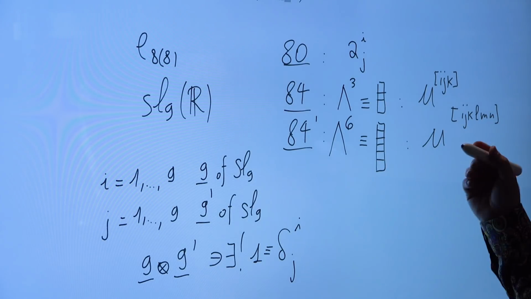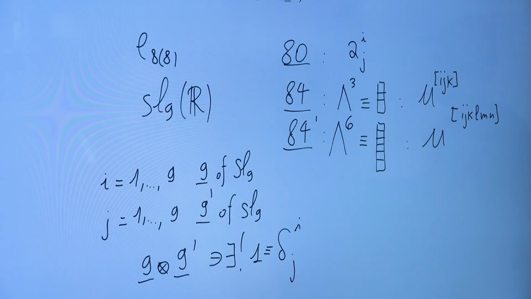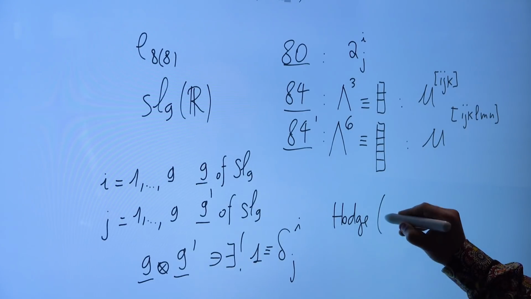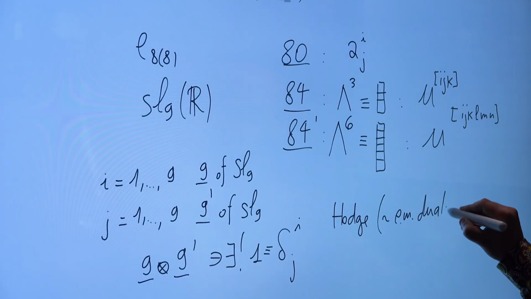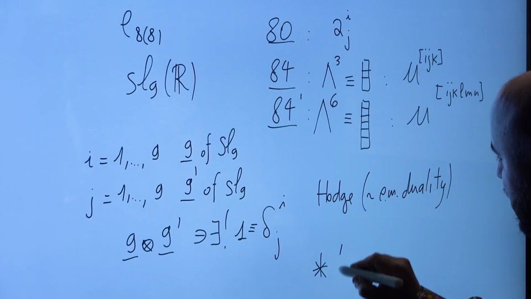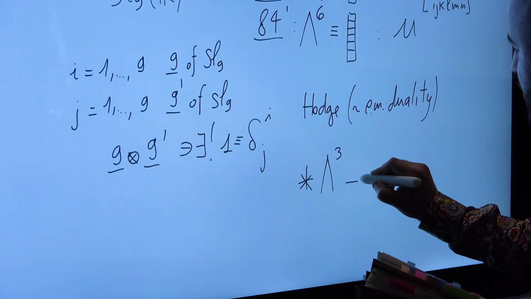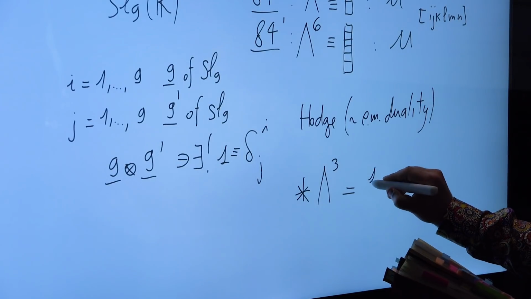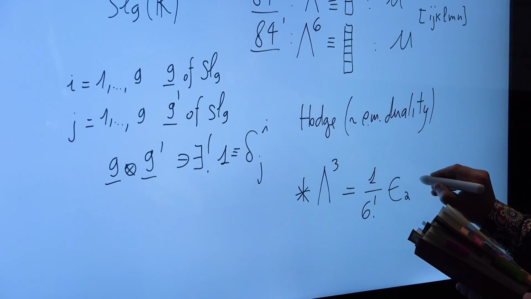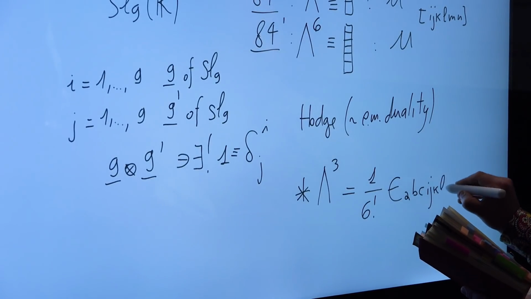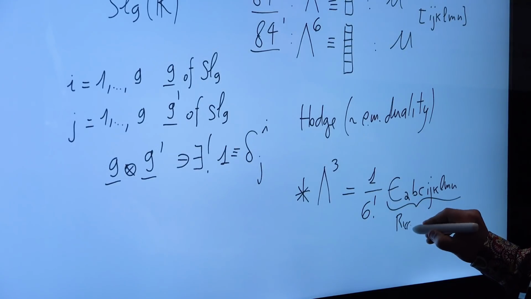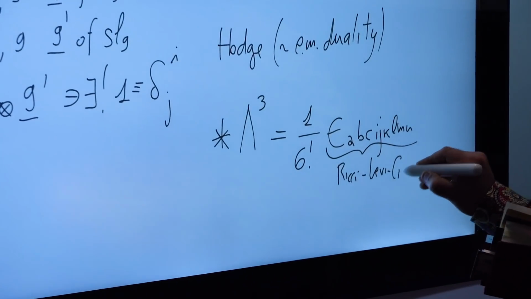Well, because, and this will be crucial in the subsequent analysis, there is a certain symmetry called Hodge symmetry or Hodge duality, which in this case is nothing but electromagnetic duality implemented on the cohomology of the manifold, such that essentially I can define a star operation on the 3-form with 1/6 factorial of epsilon_ABCIJKLMN. This is the rank 9 Levi-Civita tensor.